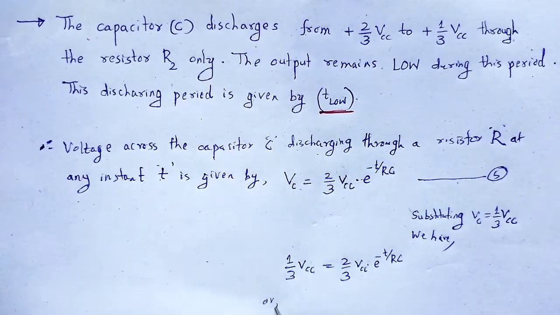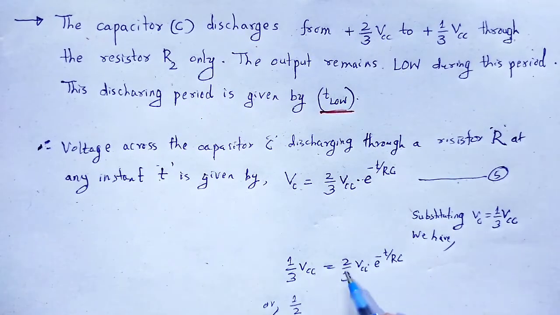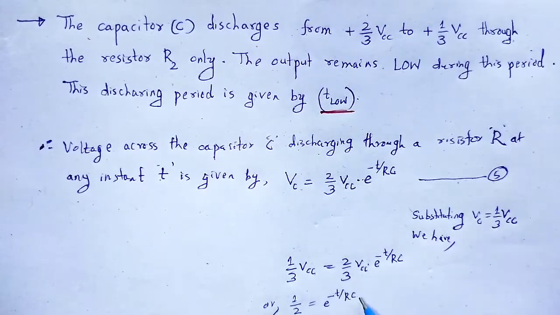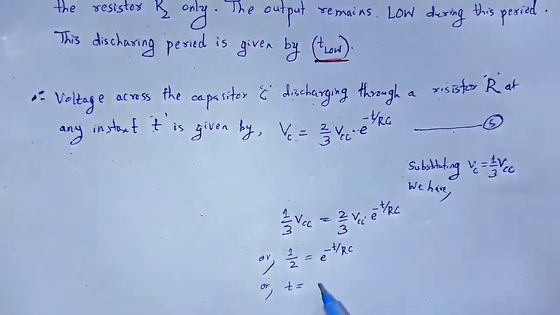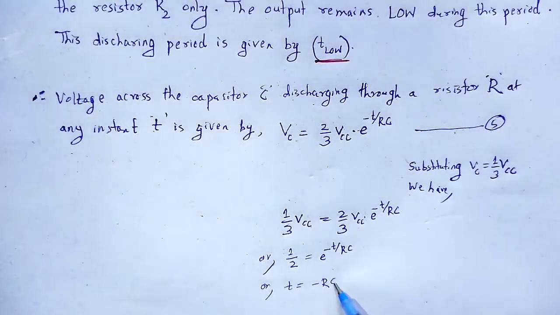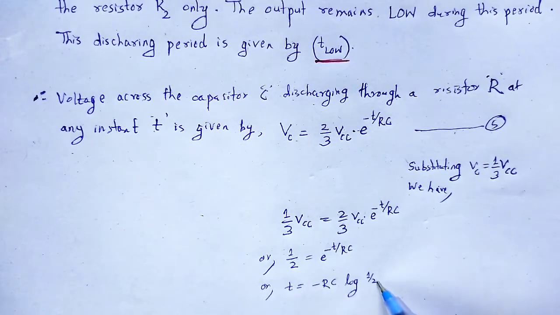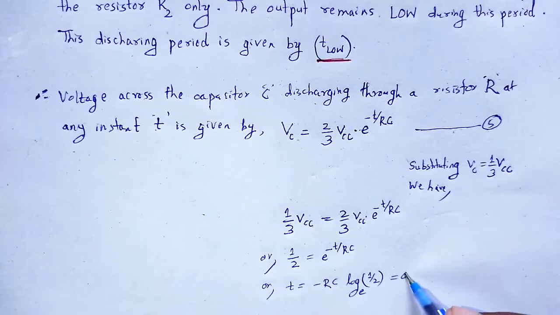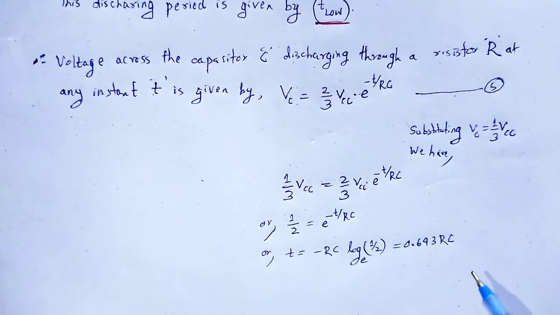Vcc cancels out, 3 cancels out, so it will be 1 by 2 equals e to the power minus t by RC, or t is equal to minus RC log 1 by 2 of base e. That value is equal to 0.693 RC.